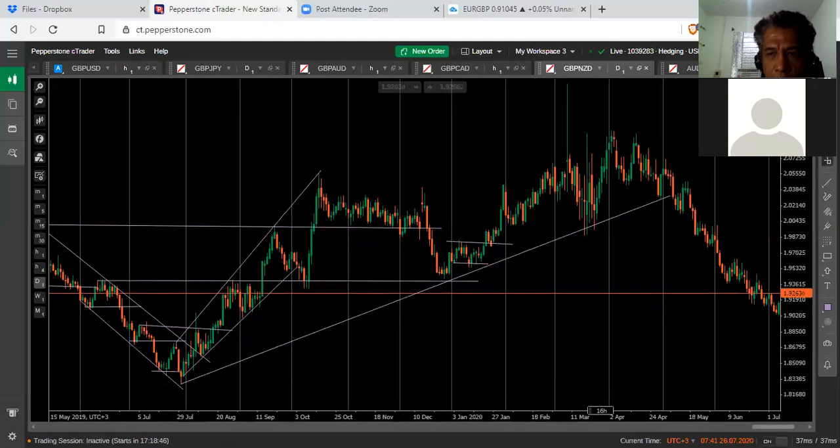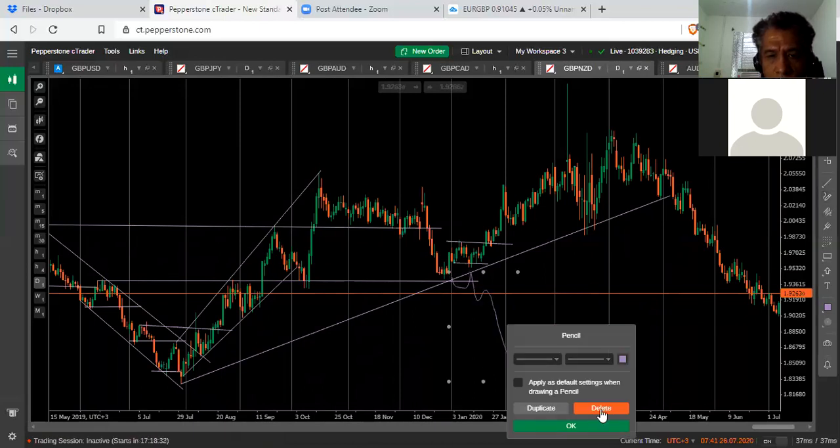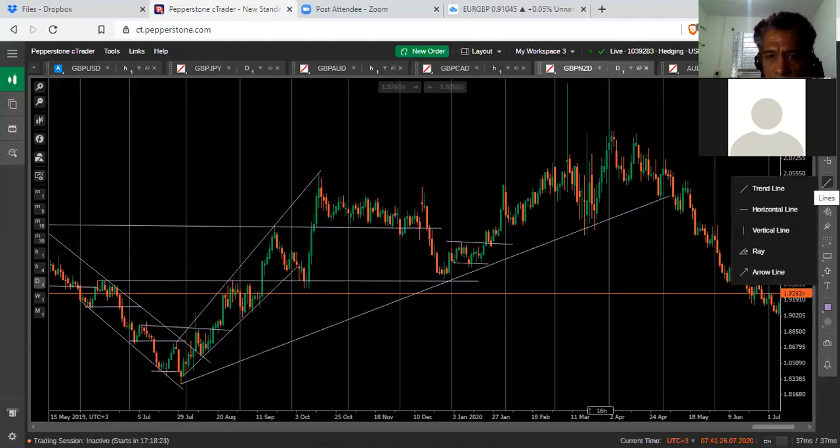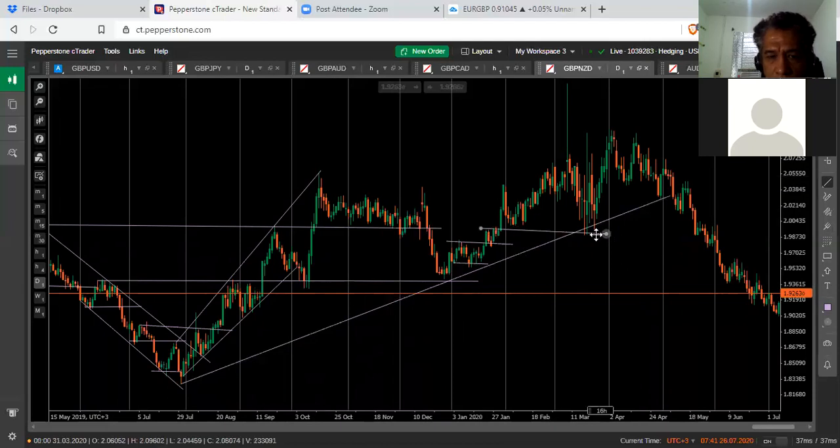So if the market in this location moves like this, and then like this, we therefore say that the bias has changed to downtrend. But the market was not able to break that support, so therefore it is still a bullish bias. As you can see here, previous swing high was broken up, swing high broken up.